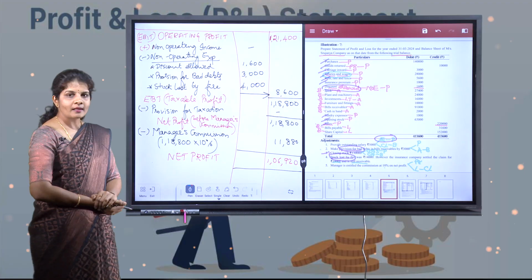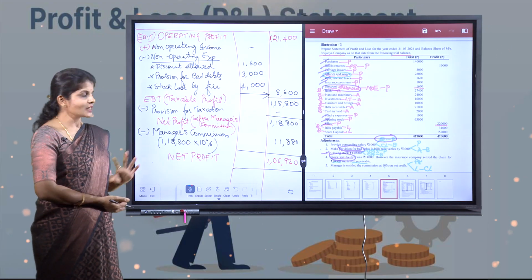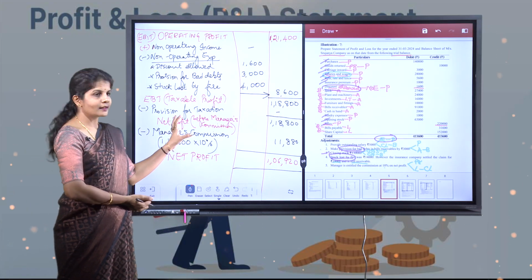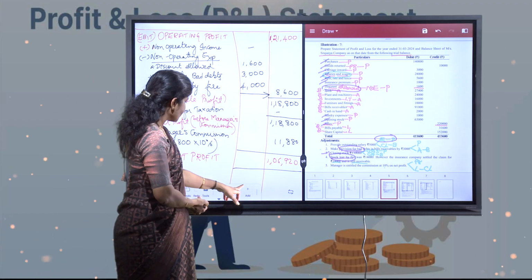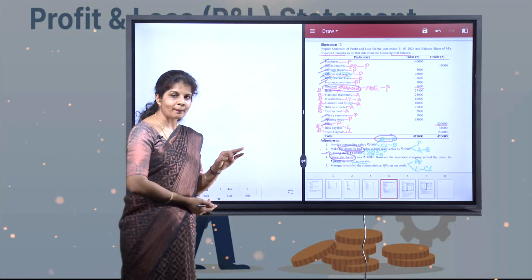Okay. So now let us prepare the balance sheet. So far we have prepared the statement of profit and loss. With this information, we need to prepare the balance sheet now.